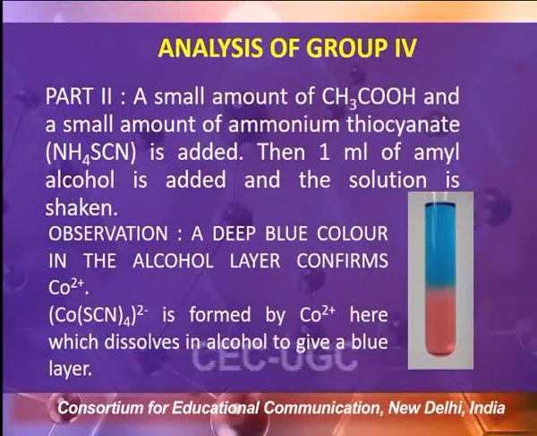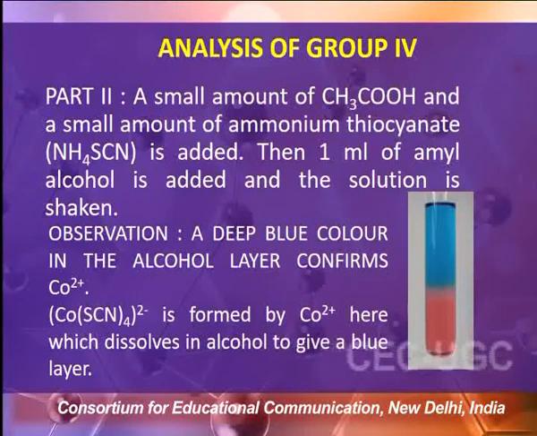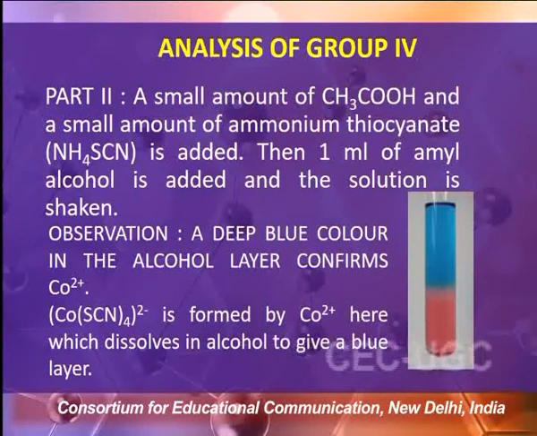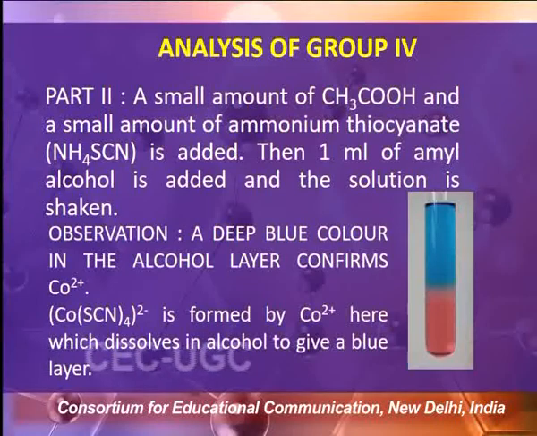If a deep blue color in the alcohol layer is observed, then it confirms the presence of cobalt ions in the mixture, and this deep blue color can be observed as in the adjoining figure. This deep blue color is due to the formation of cobalt thiocyanate complex, which is formed by cobalt ions here, which dissolve in the alcohol layer to give a deep blue color.